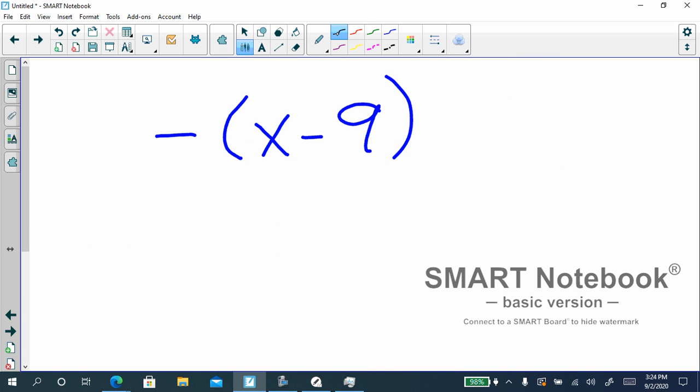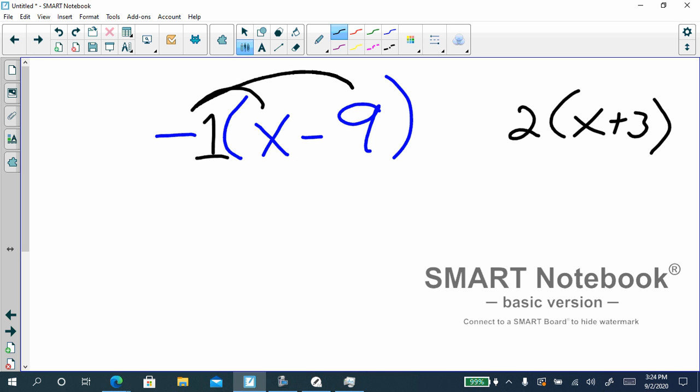Now, if we have a negative in front of a parentheses, there are a couple of ways to look at this. Often people look at it like this. When we have a number in front, we distribute that number. When we have a sign, we distribute that sign. And to make that less confusing, sometimes people will put an understood one there. So if we distribute like this, a negative 1 times a positive x, negative times positive is negative, and anything times 1 is itself.